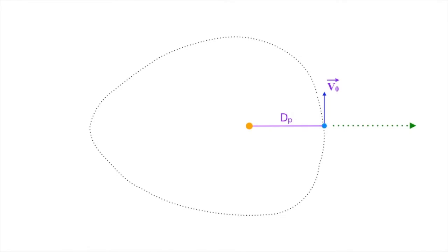So here I have drawn in the planet's velocity vector when it is at perihelion, and in keeping with our conventions, I've labeled it v sub 0 because the angle of azimuth at this time is 0 degrees.